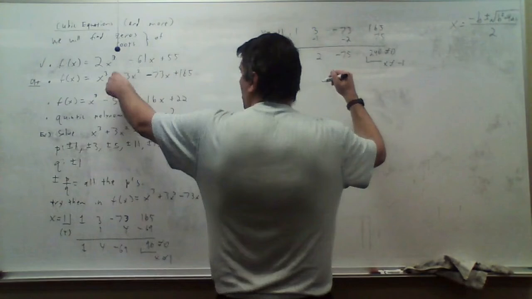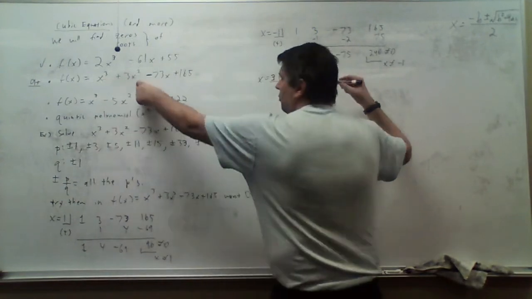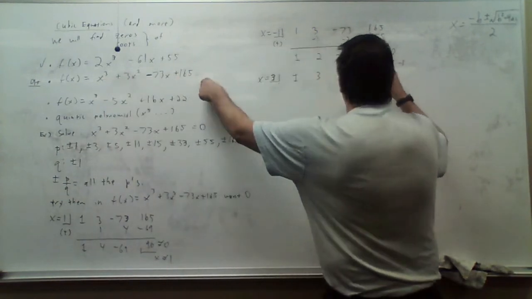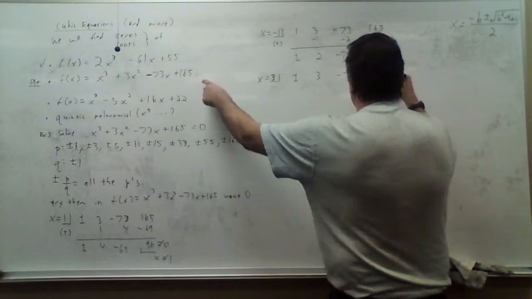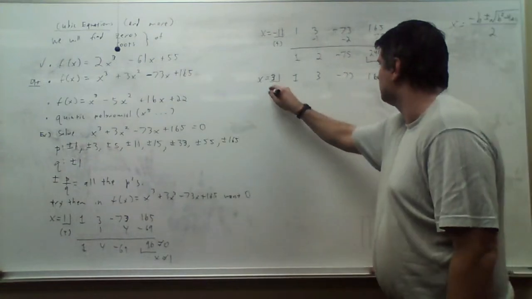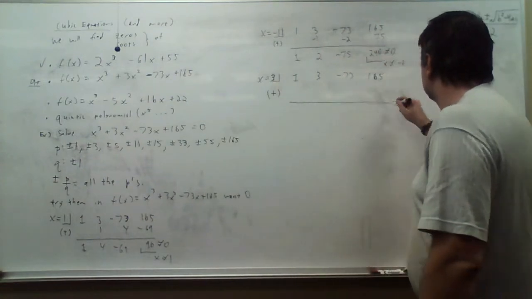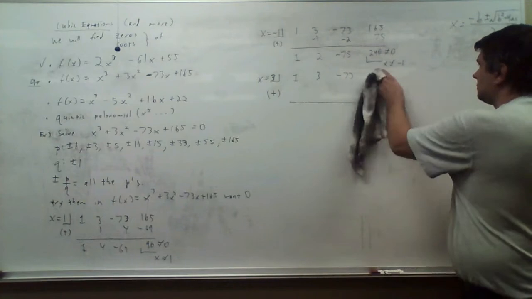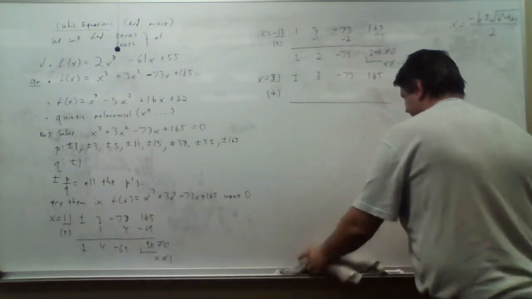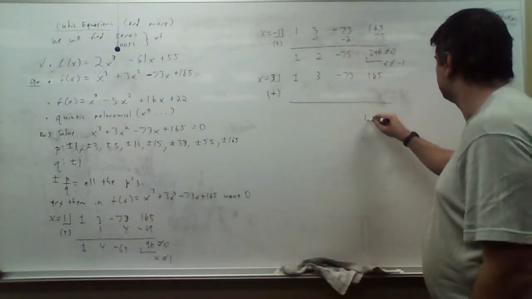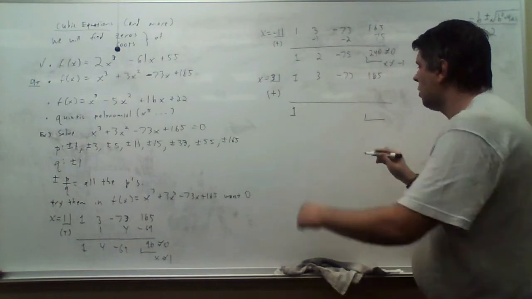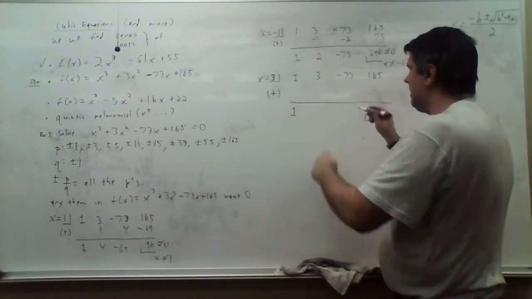So, it's 1, 3, negative 73, and 165. And bring down the 1. 1 times 3 is 3.